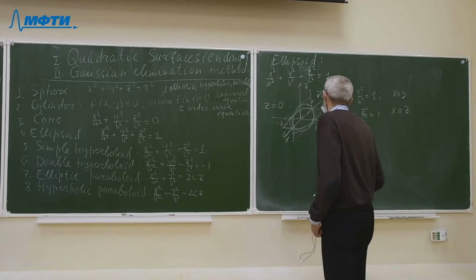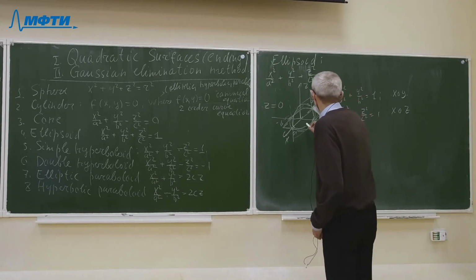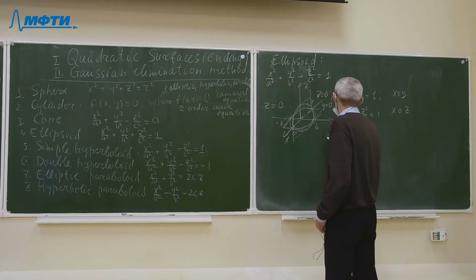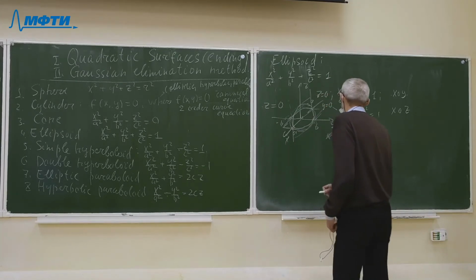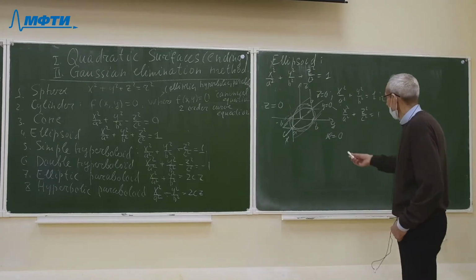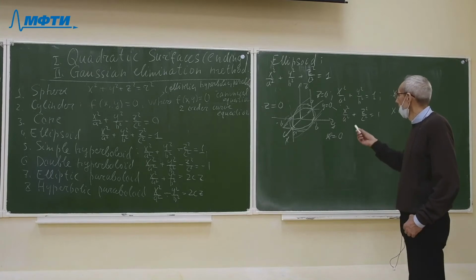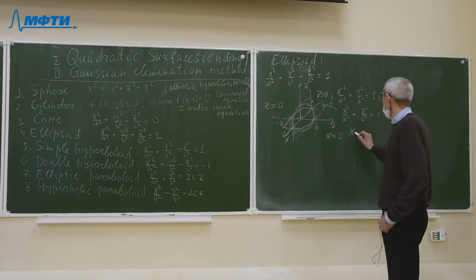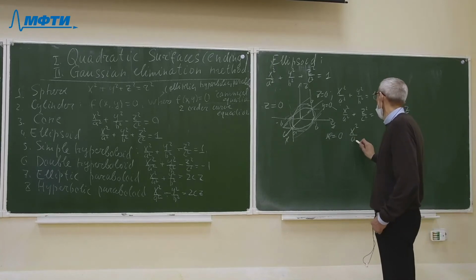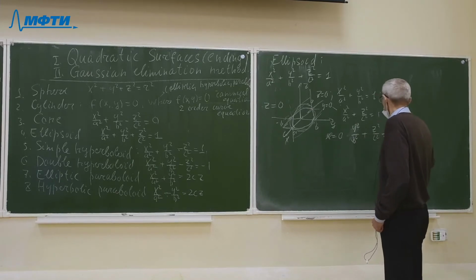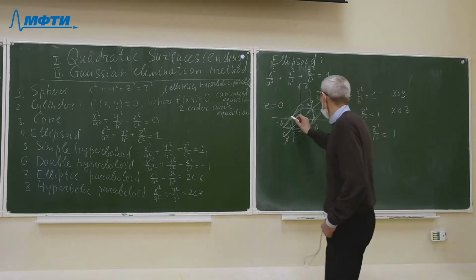And in the section x is equal to 0, the section by the coordinate plane y o z, we obtain the equation y squared divided by b squared plus z squared divided by c squared is equal to 1.